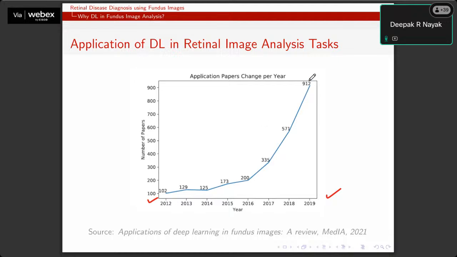You can see there were 12 papers published on this area in 2019. Probably it is going to be even more if you consider 2024 or 2025. That means the number of papers published over the years is growing exponentially.